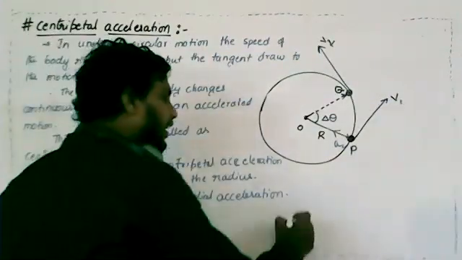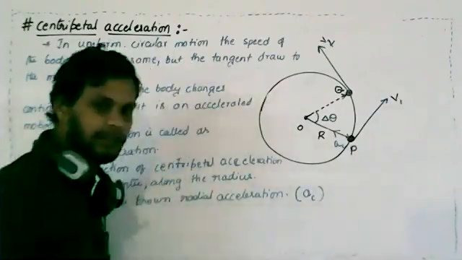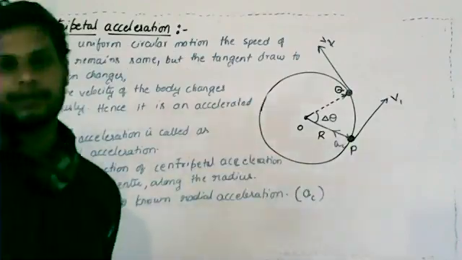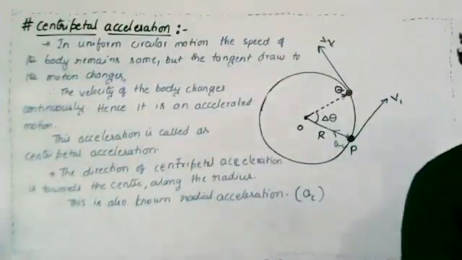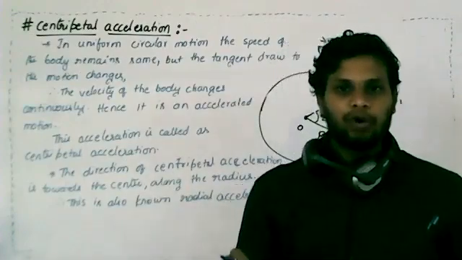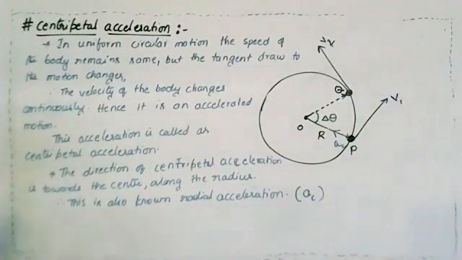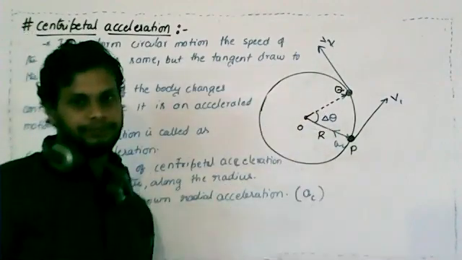So this radial acceleration is represented with the letter a, suffix c, that is nothing but centripetal acceleration. So simply you can say that centripetal acceleration is the acceleration towards the center of the circular motion. Are you clear?